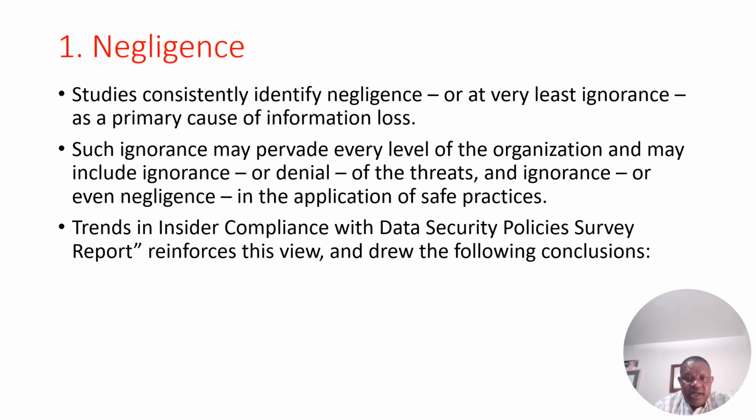Also, the number one threat is negligence. And this is a big threat in all organizations. Studies consistently identify negligence, or at very least ignorance, as a primary cause of information loss. Even we engage in a lot of negligent activities that lead to us losing personal data.